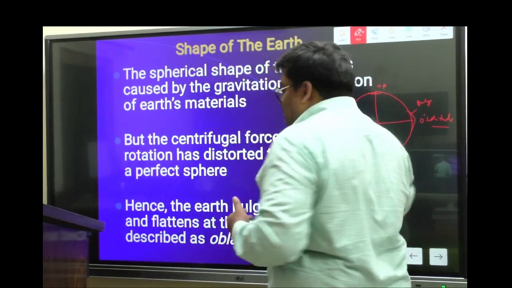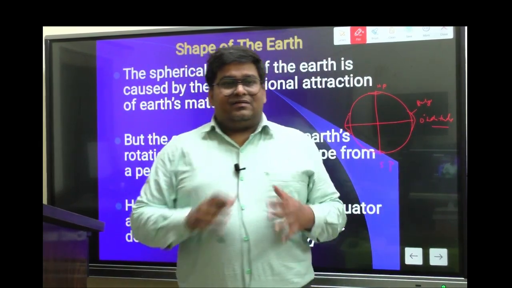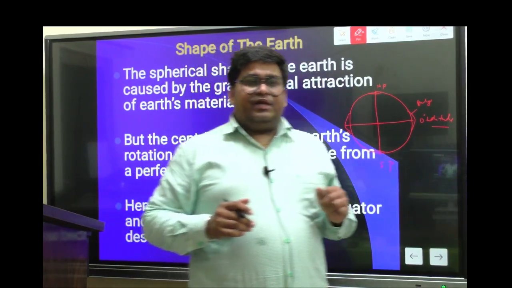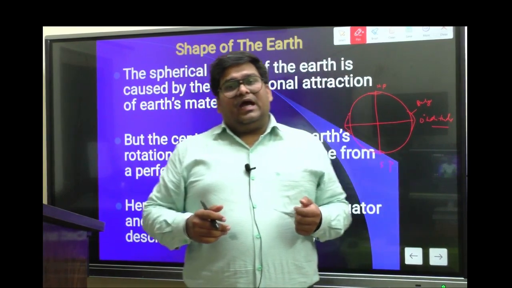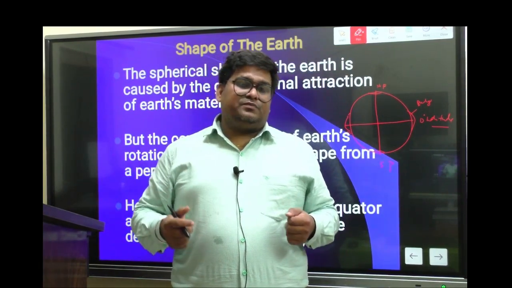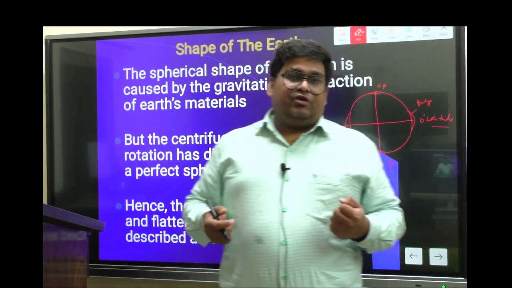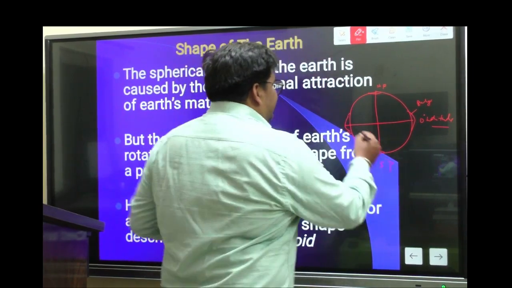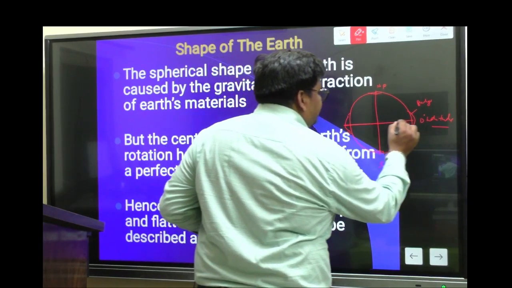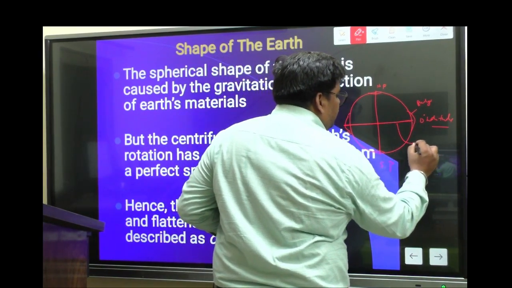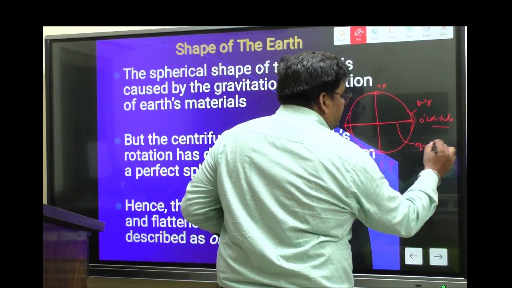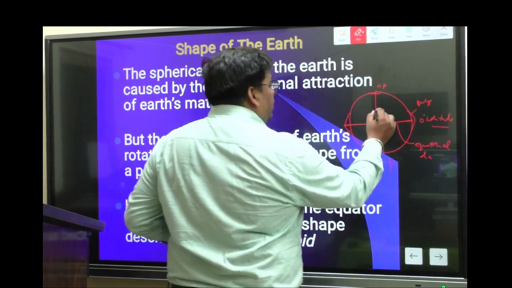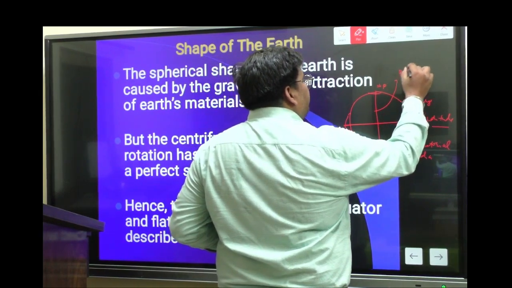So what does that mean? It simply means that the earth's surface is not a complete sphere. It is flattened at the polar areas, or the poles, and it bulges in the equatorial region. What we call this length is the equatorial diameter, and this is the polar diameter.